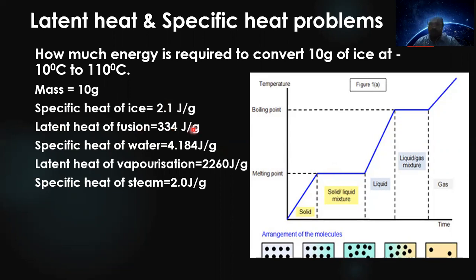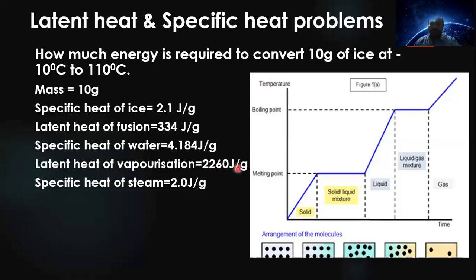334 joule per gram. The next step, from 0 to 100 degrees Celsius, using specific heat of water, which is 4.184 joule per gram, we have to calculate how much heat is absorbed during this period. And at 100 degrees Celsius, the boiling point, we use latent heat of vaporization, which is very high, 2260 joule per gram.